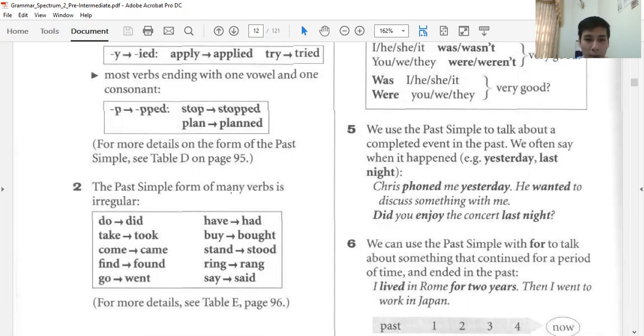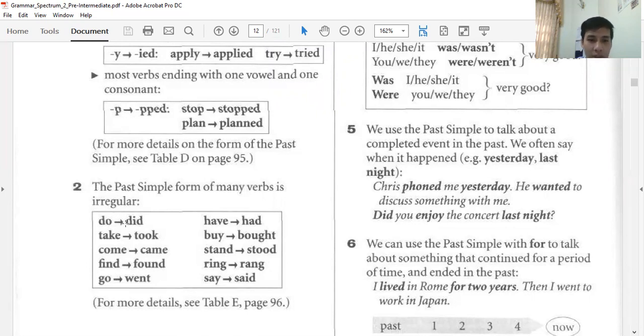And move to number two, it's about irregular verbs. So the past simple form of many verbs is irregular. We call it irregular verb, for example, like this. Like do, we change to did. Actually, there's no rule, but English provides the change, and what we can do is to remember this.